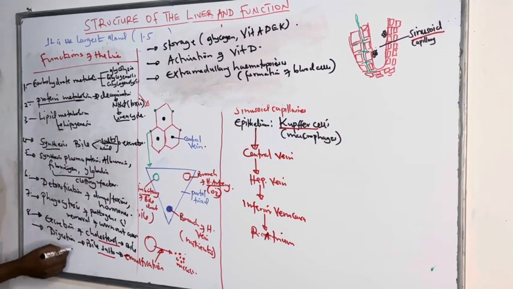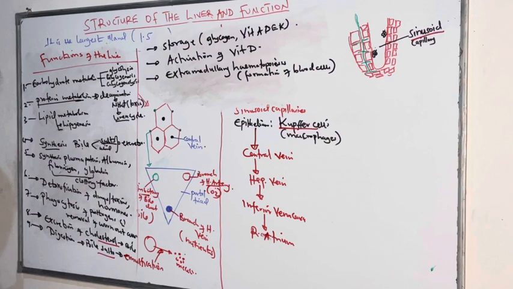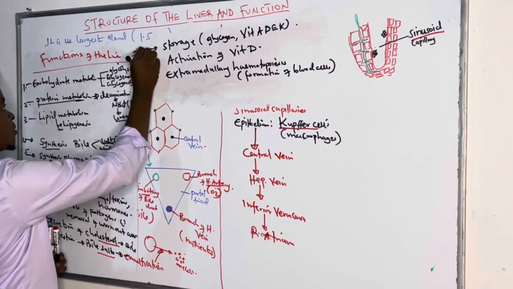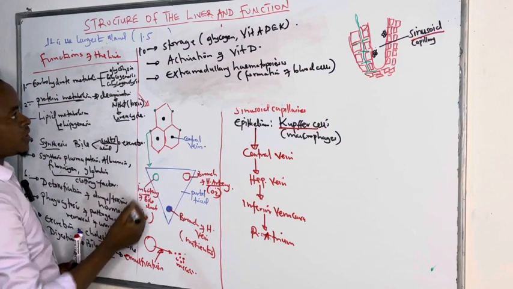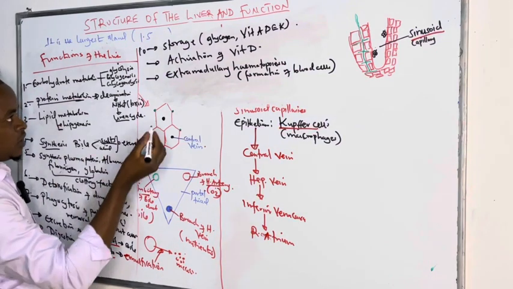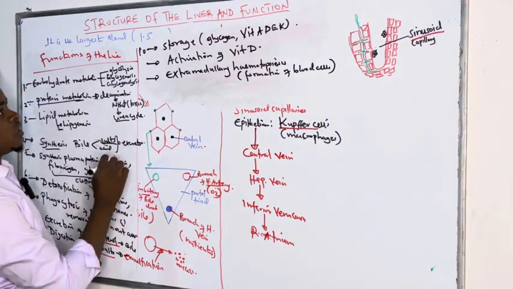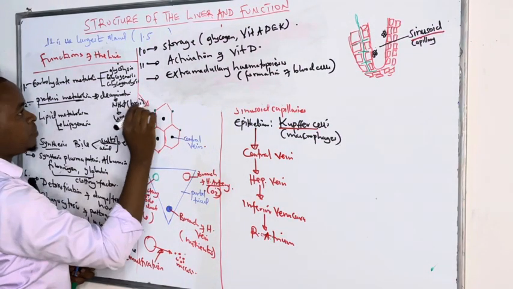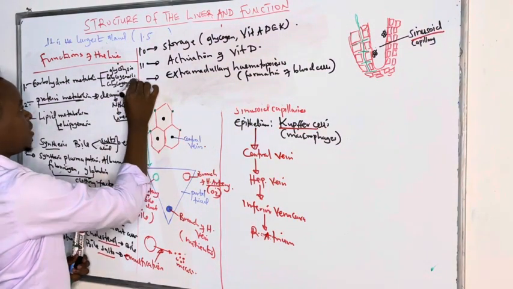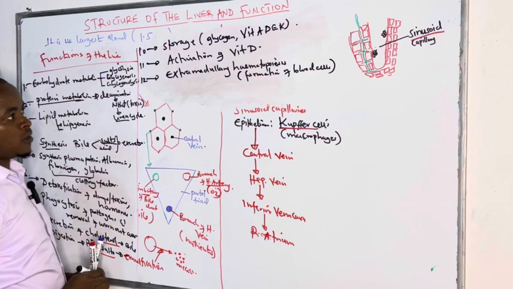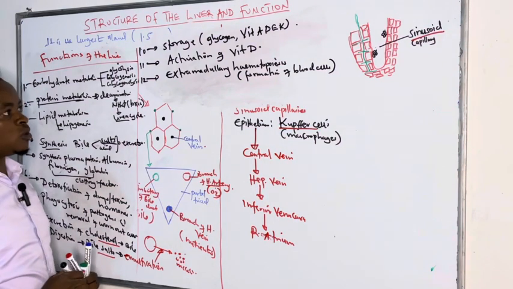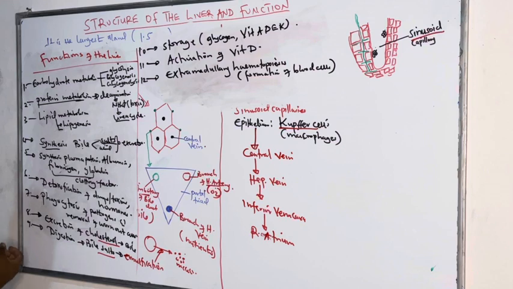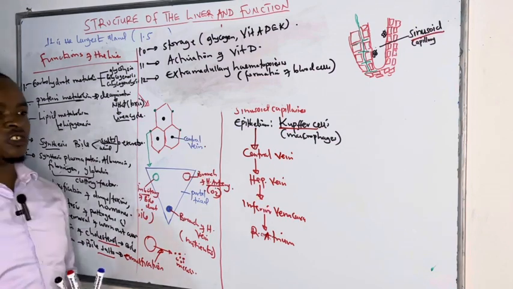We have seen it playing a big role in digestion. And we have seen also it playing a role of storage, whereby it stores glucose in the form of glycogen. It can do storage of vitamins. We have seen activation of vitamin D and playing a big role in the production of blood cells by the process known as hematopoiesis. So these are the major functions of the liver we can talk about in this session.